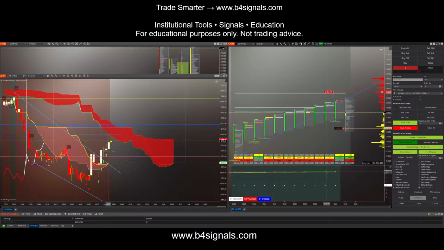I'm thinking the better situation here is for the bears. It may come back up here and tag this again, but I don't know if it's going to have the strength to be able to continue on. It may, but let's see.